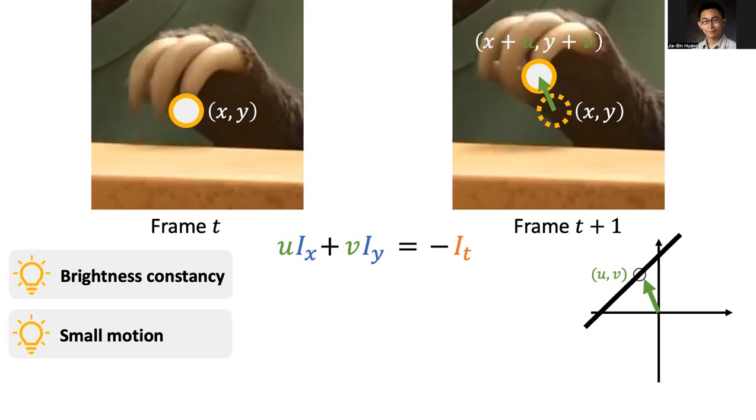There's ambiguity here, right? So can anyone tell me how you could solve it? How could you solve for two unknowns? In linear algebra, you have two unknowns, but you only have one equation right now. How can you solve it? Any ideas? Fundamentally, you cannot just look at this equation and solve it, right?